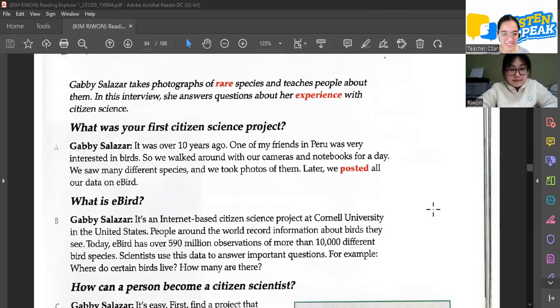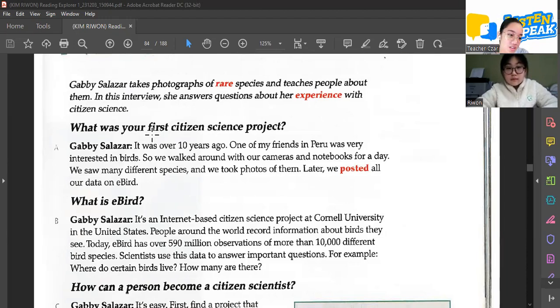Okay, eBird, very good. So he was with his friend in Peru, and there in Peru there are a lot of interesting birds. That's why maybe this caught Gabby's attention.